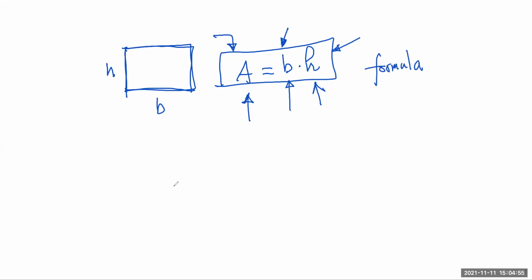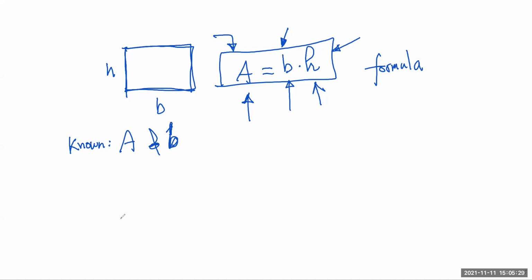Basically, they say the same thing, the same relationship, but we are trying to find different things based on what we know about the other two variables. So let's suppose we know the area, this is known, and the base.